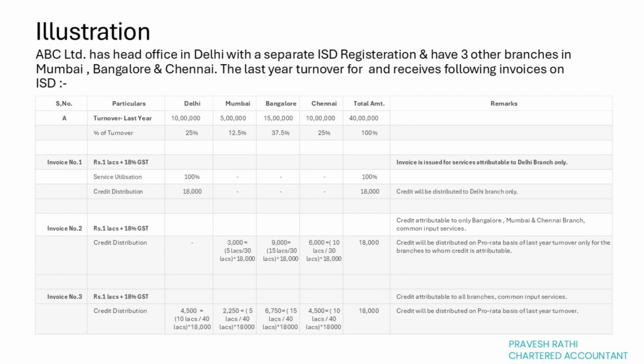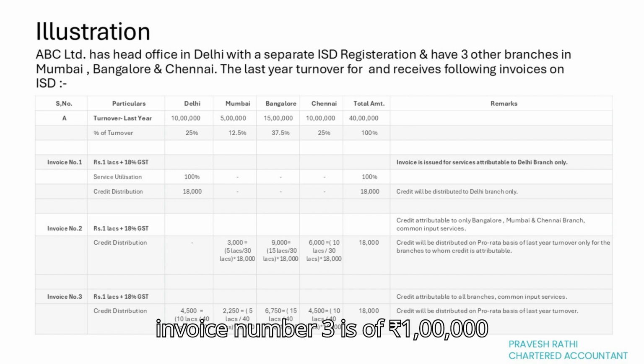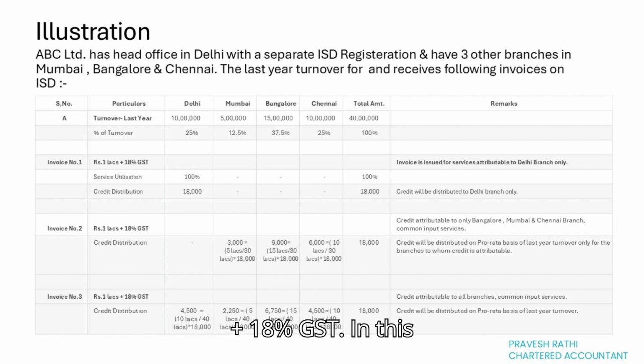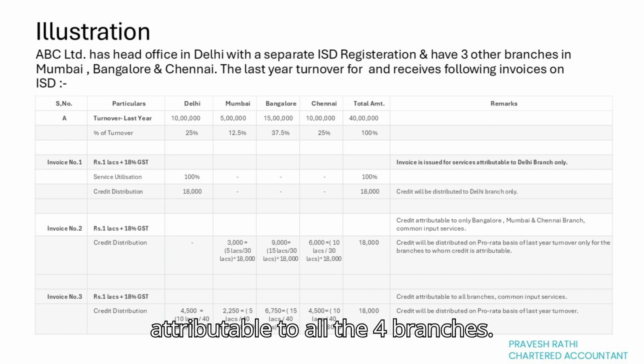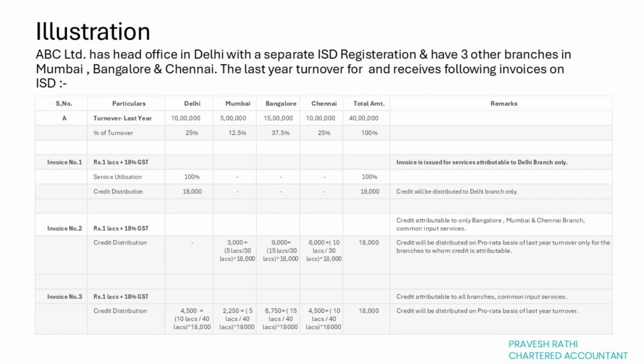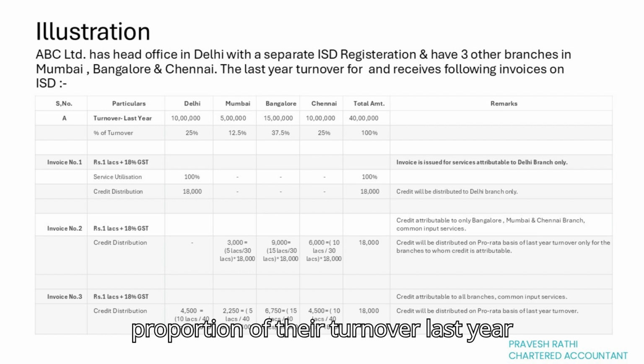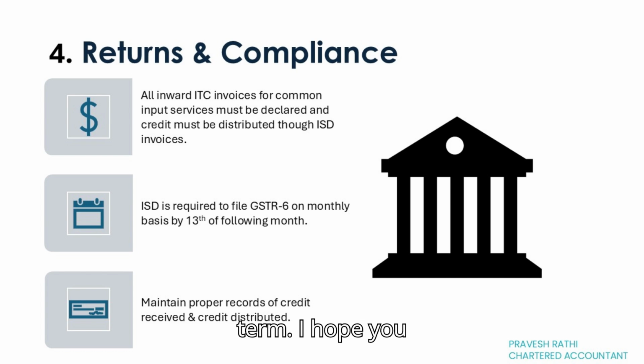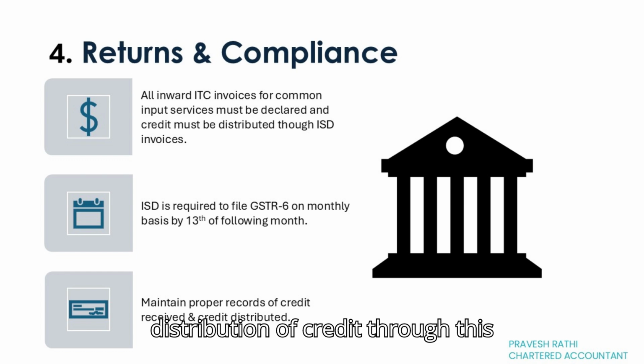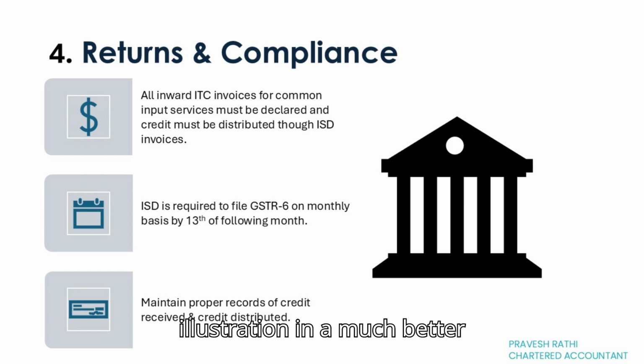Invoice number 3 is of 1 lakh rupees plus 18% GST. In this case, the services are attributable to all the 4 branches, so the credit will be distributed to all the 4 branches in the proportion of their last year turnover. I hope you understand the distribution of credit through this illustration in a much better way.